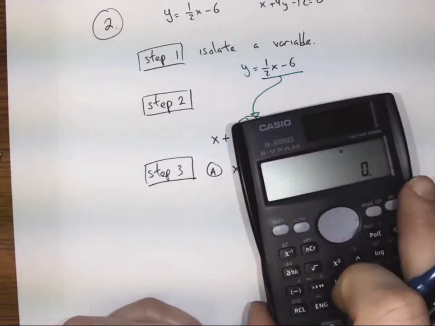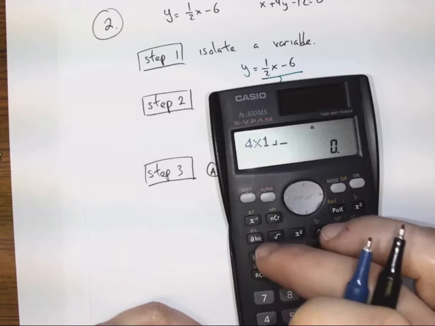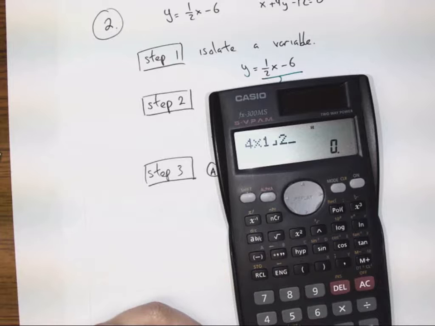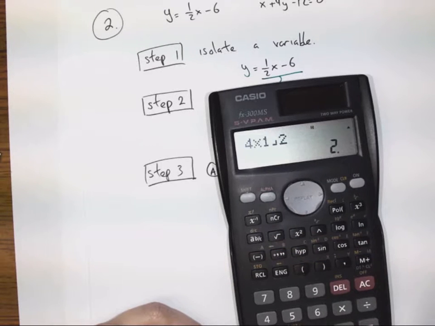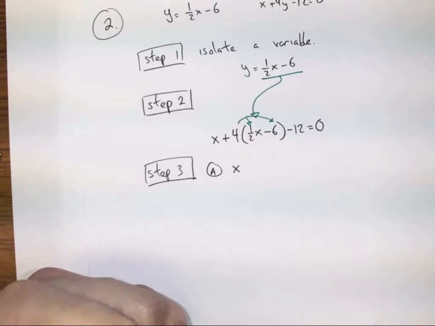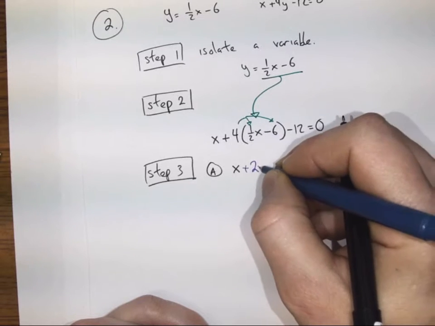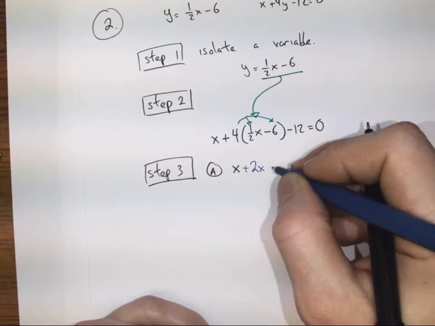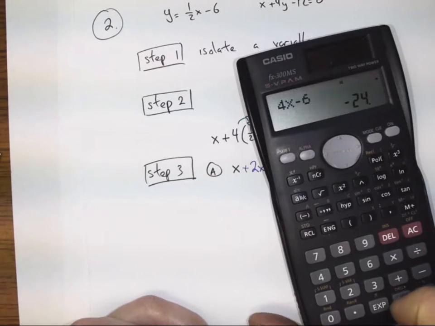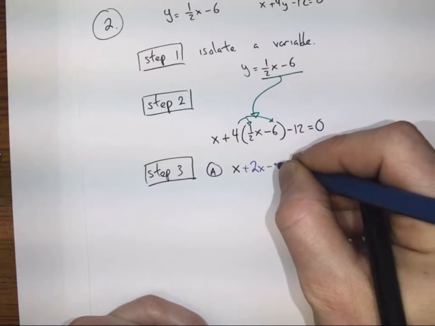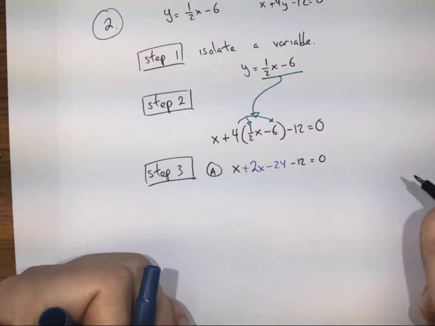If I wasn't sure how big 4 times 1/2 is, I could say 4 times 1/2 in the calculator using the fraction button here. A and B over C equals, the answer is 2. Plus 2, but it's 2x. And 4 times negative 6 is going to be negative 24. And that's minus 12 equal to 0.